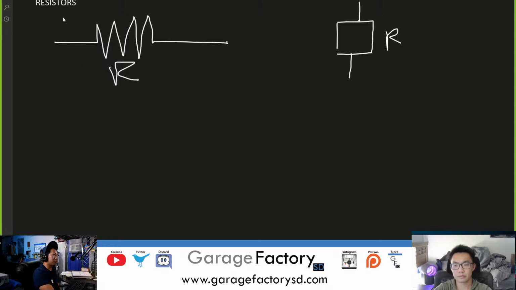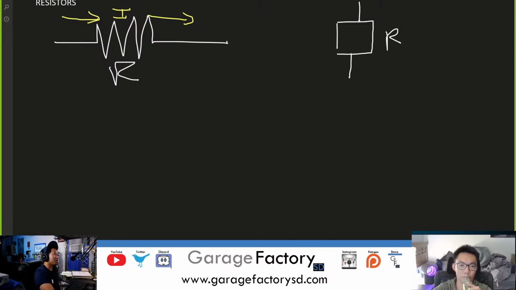So resistors kind of impede the flow of current. Like beep, boop, beep, boop is I, the yellow is I, current.